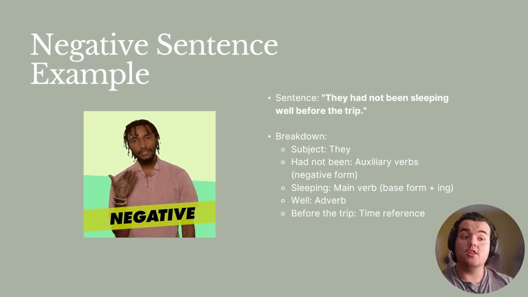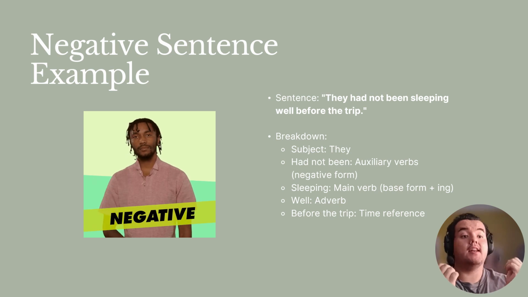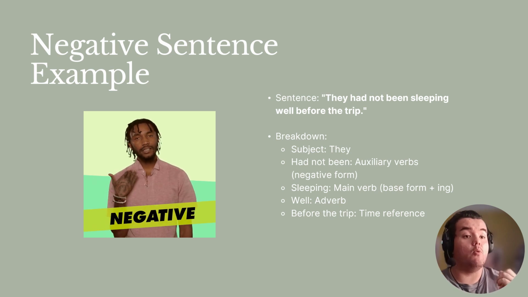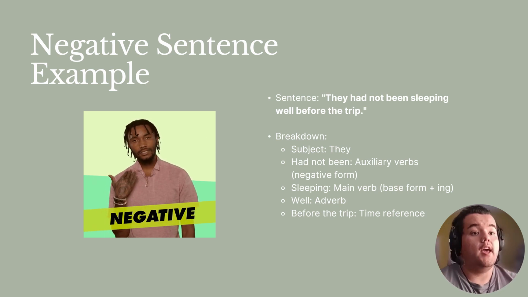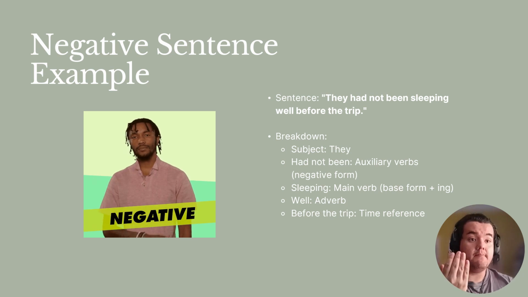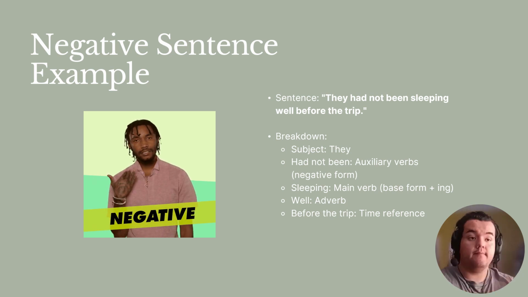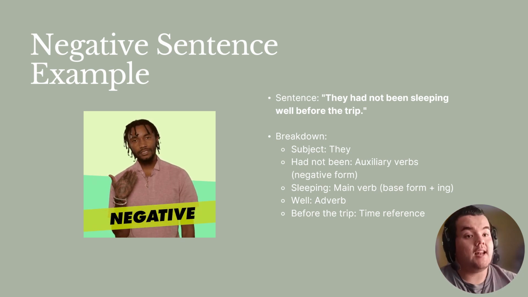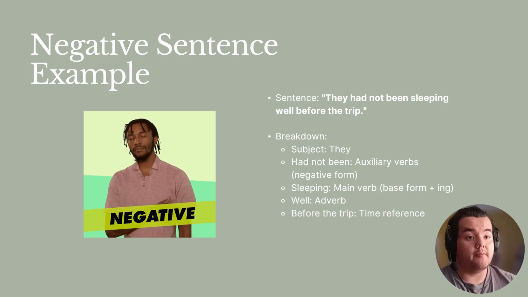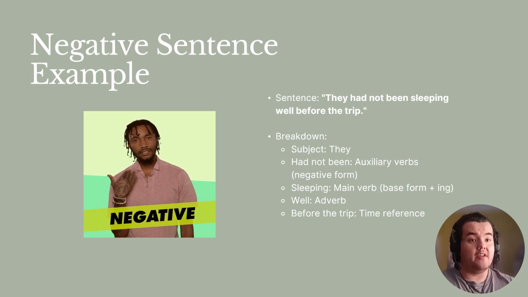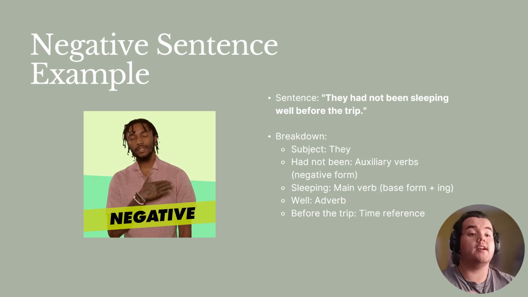Remember, had not been. This is a negative because it has the word not. Sleeping, sleep, ing, sleeping. Well, it is an adverb. We're going to talk about this later in future videos, and the time of reference is going to be before the trip.